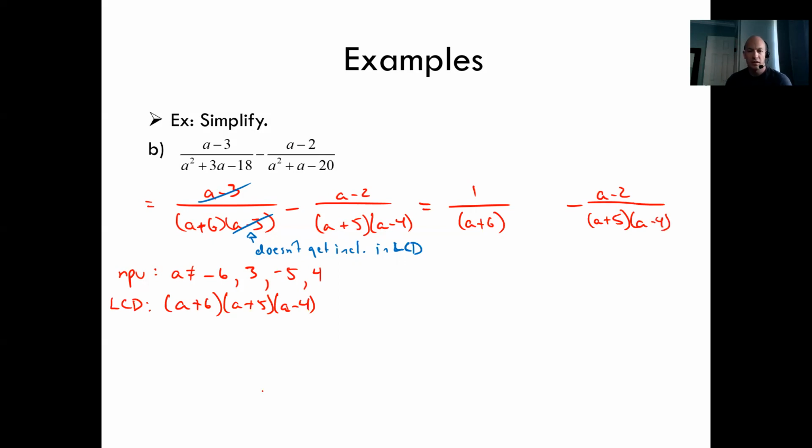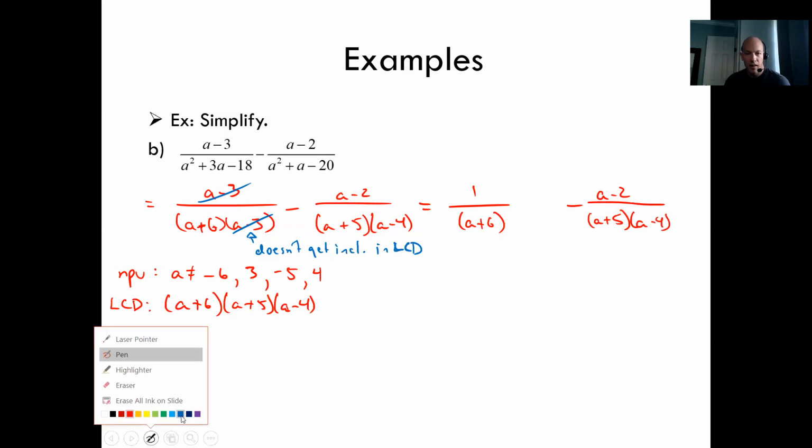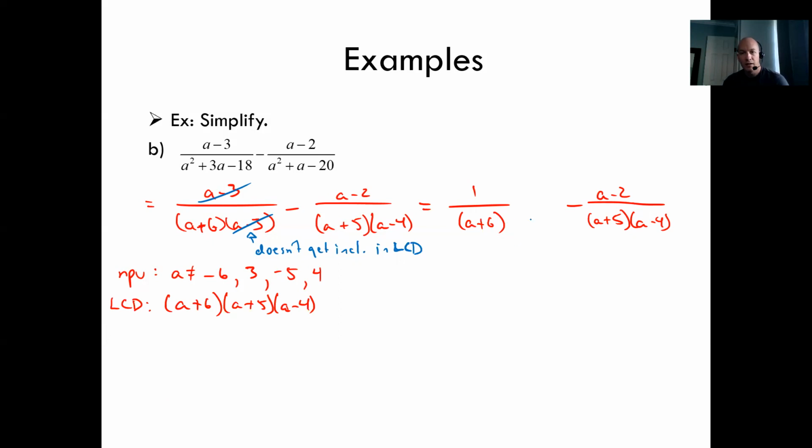So what is it that I need to multiply everything by? I need to multiply this top and bottom with an a plus 5 and an a minus 4. Didn't really give myself enough room, but oh well. And then this one over here, I just need to multiply top and bottom by a plus 6.